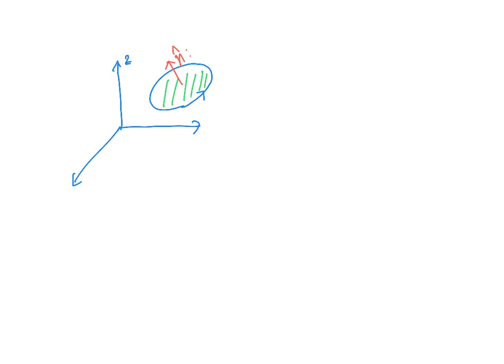This is called a surface, this is called S. Normal. Let's say this is a closed curve.